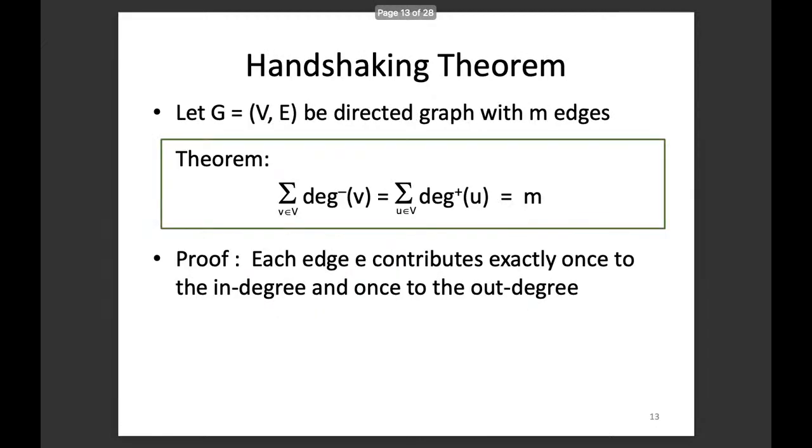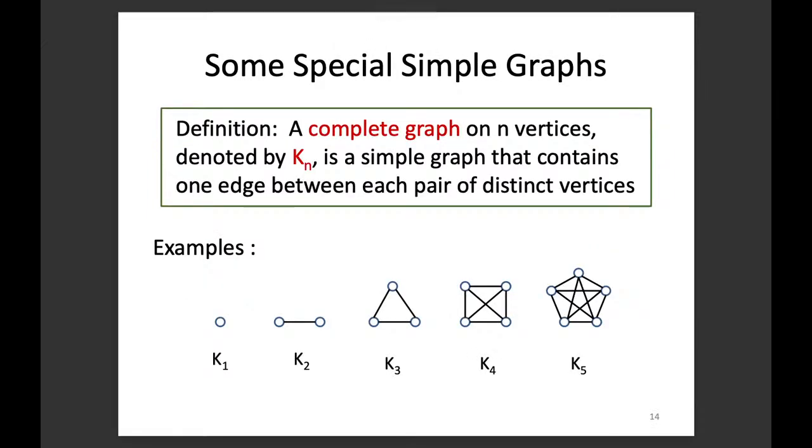Actually, if you know this result first, then you can immediately obtain the handshaking theorem for the undirected case. We just have a directed graph first and then remove the direction, so we have an undirected case after that.